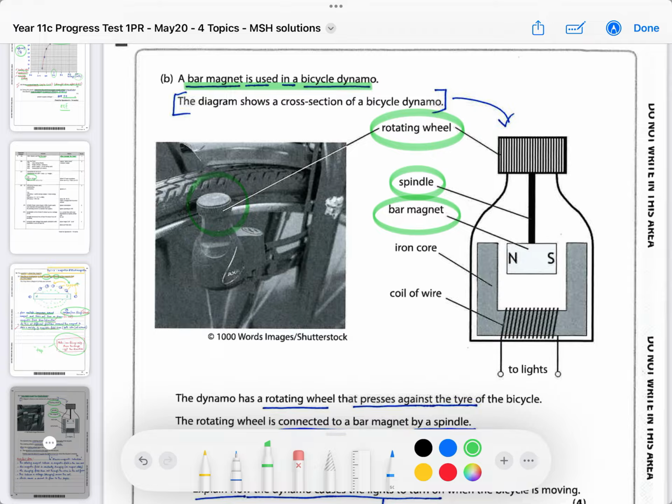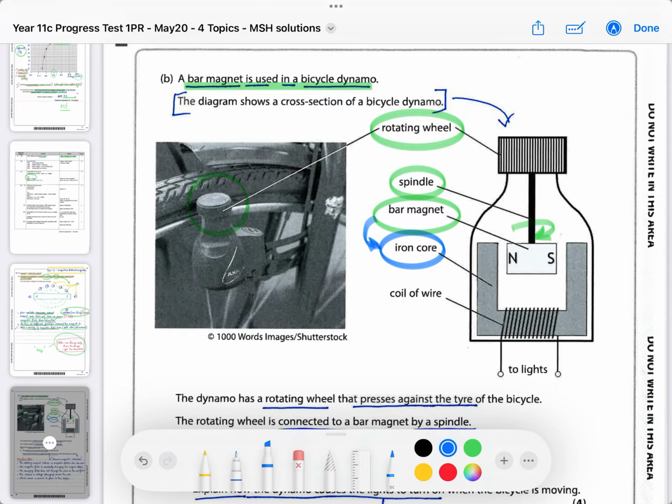As the bar magnet rotates, how do I draw a rotation with my pen? As it rotates, it will induce a magnetic field in the iron core. So you're going to have an induced magnetic field in the iron core.